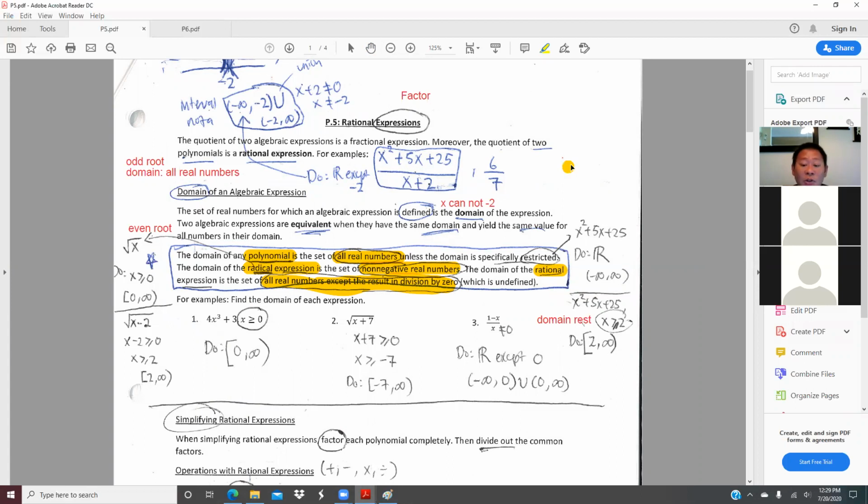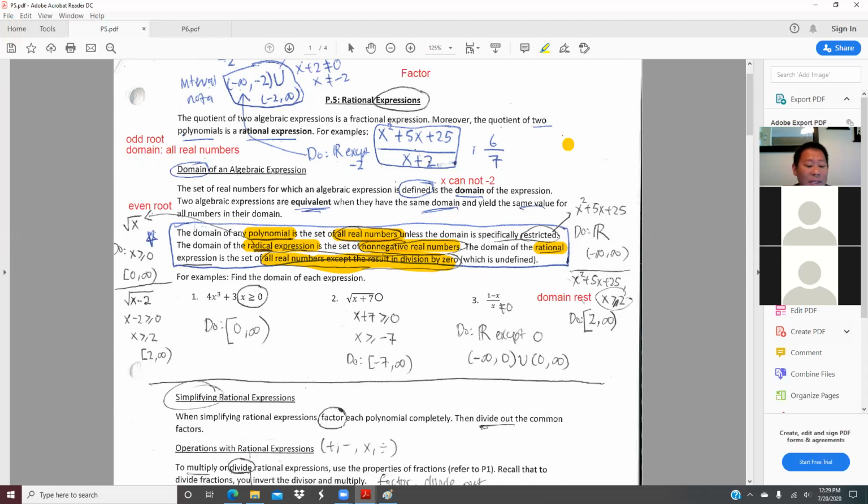That is correct. So what you do is you set your denominator equal to 0, like the example that I just gave you, set this equal to 0 and solve for x. And x in this case is -2, and you just say all real numbers except -2.